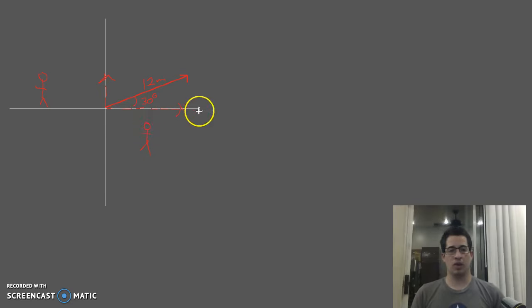And so the way we'd find this one, if this is a right triangle, this would be the adjacent side to the angle, and so we use cosine. So cosine of 30, that angle, is equal to the adjacent side, which is what we're missing, in this case x, over the hypotenuse of 12 meters.